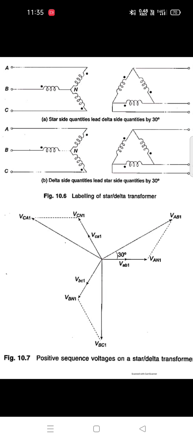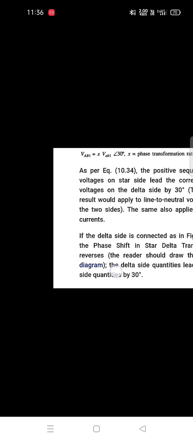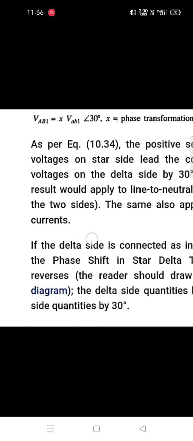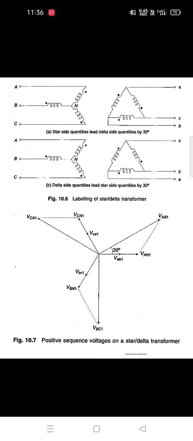So now we can say that VAB1 equals x at an angle of 30 degrees times small vab1. What is x here? x is the phase transformation ratio.